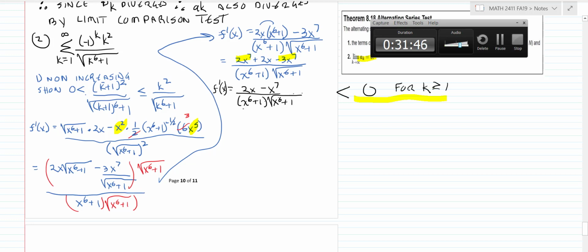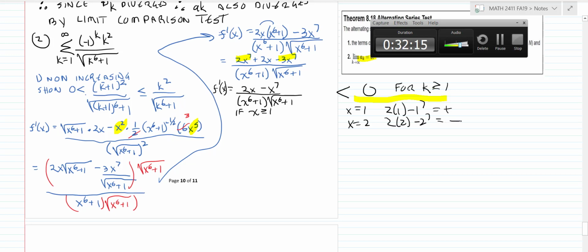Well, if x is greater than or equal to 1, then you would end up having a negative numerator. Now, it wouldn't happen at 1. If x is equal to 1, you would have 2 times 1 minus 1 to the 7th, so that would be a positive. If x was equal to 2, you would have 2 times 2 minus 2 to the 7th.